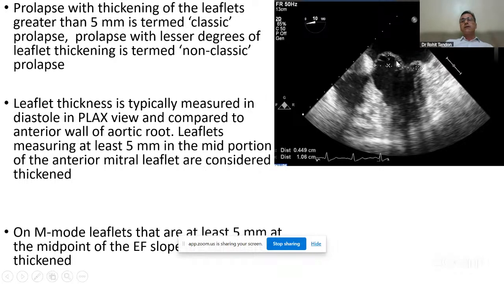It is termed a classic prolapse, and the thickness of mitral leaflets is usually compared with the anterior aortic root diameter. This thickness is to be reported because it is classified as a myxomatous mitral valve prolapse, a classic prolapse. And there can also be non-classic prolapse in fibroelastic deficiency in elderly people.